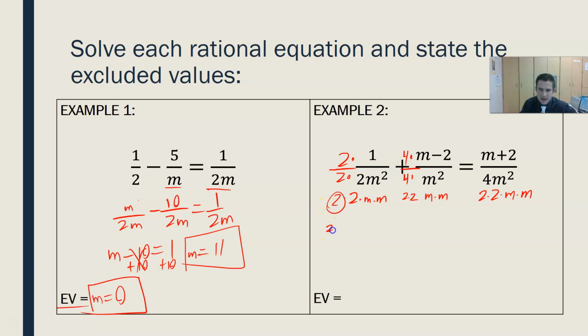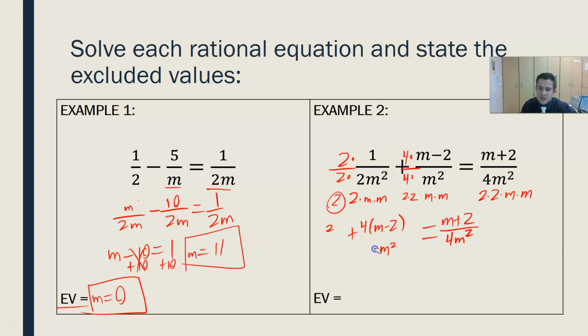So I have 2 over 4m squared plus 4 times m minus 2, I'll take care of that in a minute, divided by 4m squared equals, this one didn't change because I already had that common denominator, m plus 2 over 4m squared.